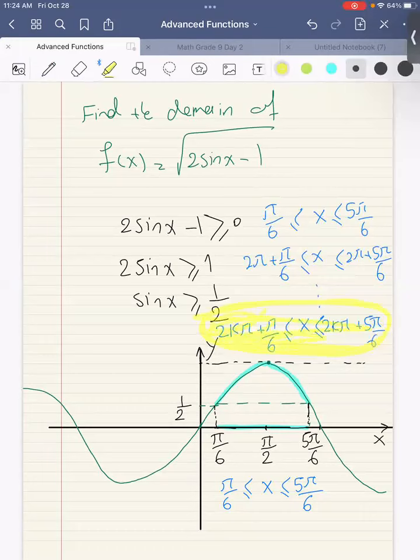Okay, is that clear for you guys? So that's the domain. And here, k is any integer.